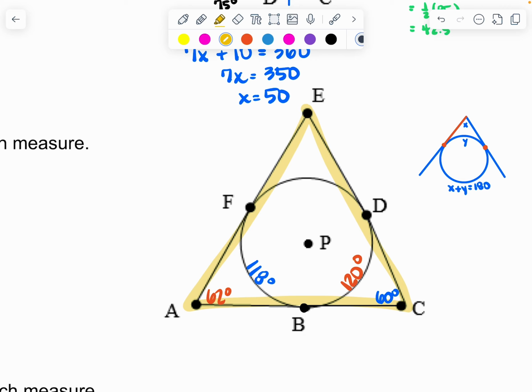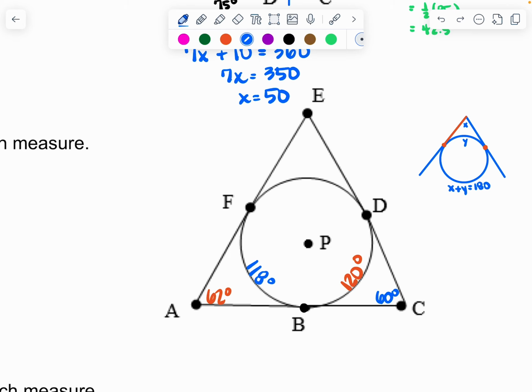Sorry, I'm losing my voice. That we could just find angle E. So whether you use the circle or the triangle, that is totally up to you. I'm going to use the circle because why not? So I'm going to type that in my calculator. Again, that's pretty easy.